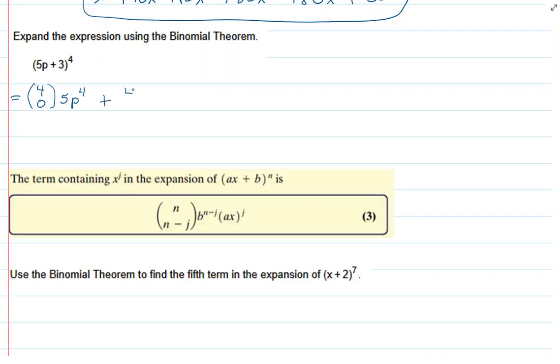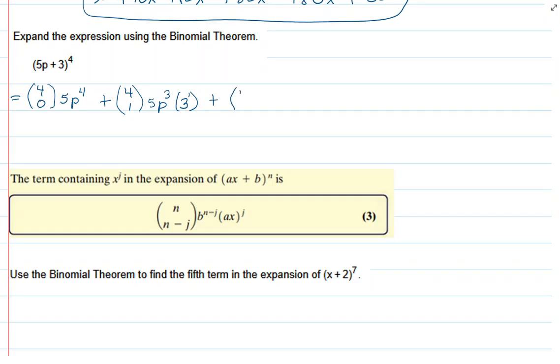Plus 4, 1. And this is the 5p to the 3, right? And times 3 to the 1, because that makes 4. Has everybody got the 4 up there? All right.